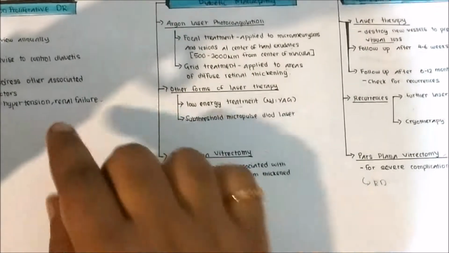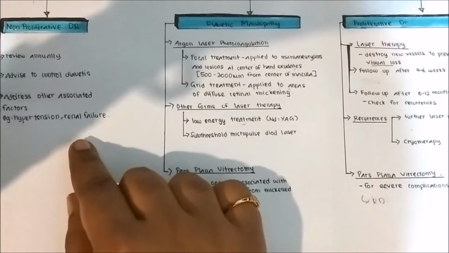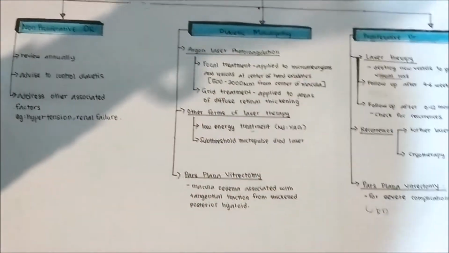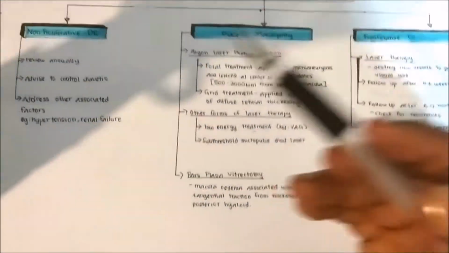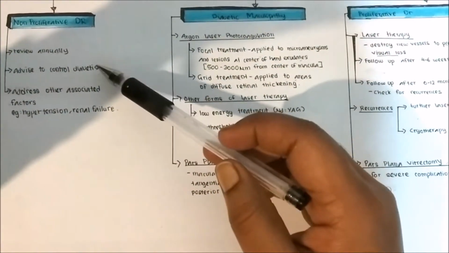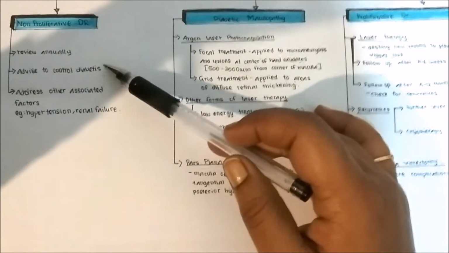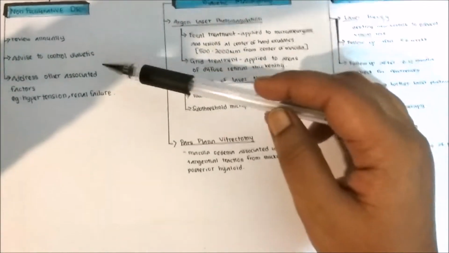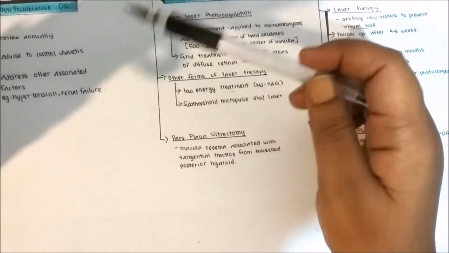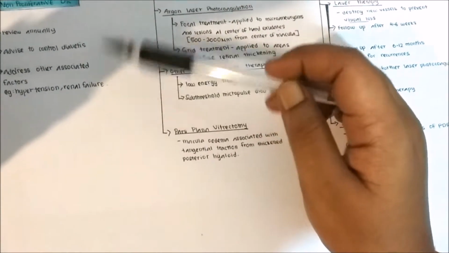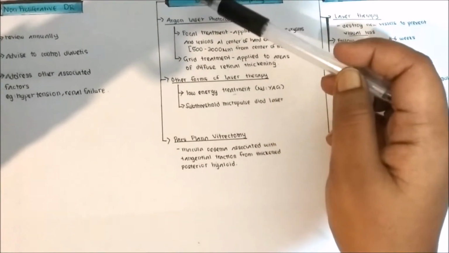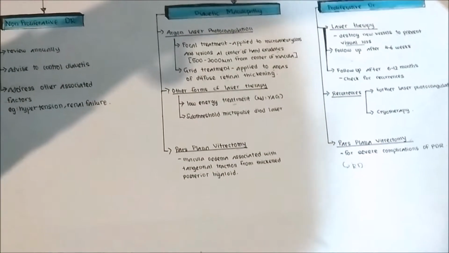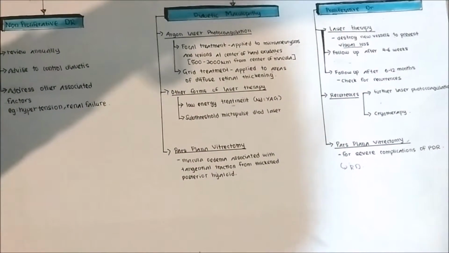For non-proliferative diabetic retinopathy, the management is more on reviewing the patient annually, and also advising the patient to control diabetes, because as we control the diabetes, the risk to develop PDR will be reduced, and to address other associated factors, for example hypertension and renal failure, which will increase the risk of getting proliferative DR or diabetic maculopathy, because both of the other two can cause vision loss.